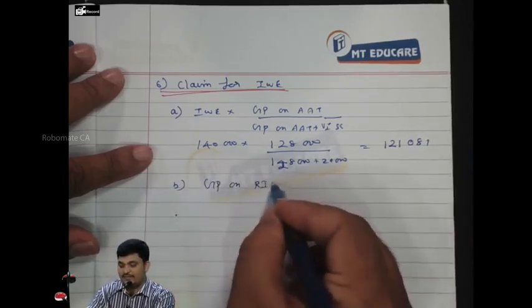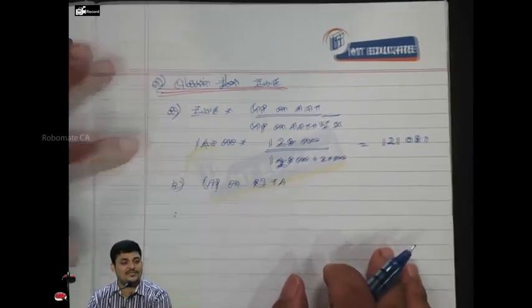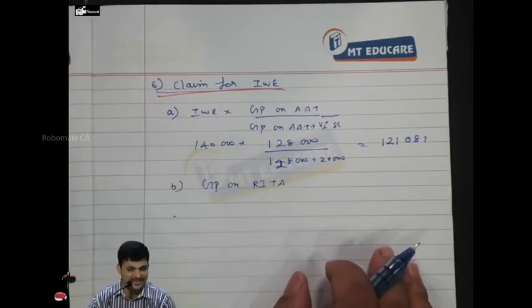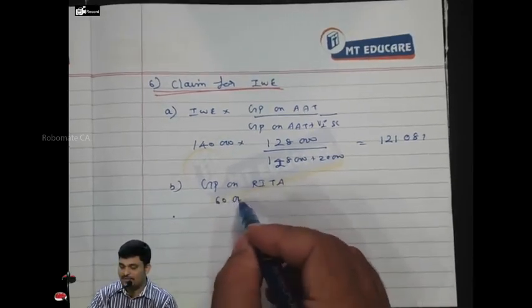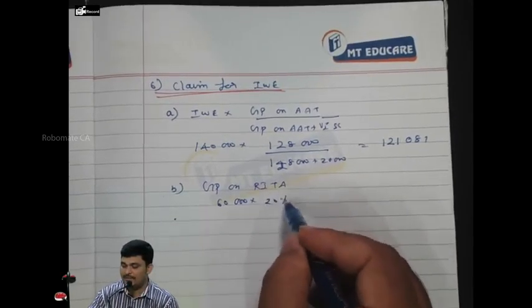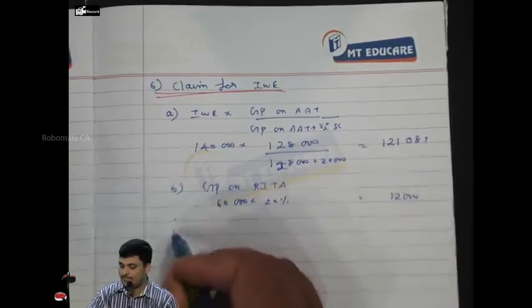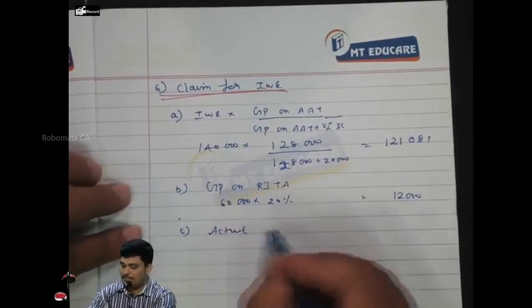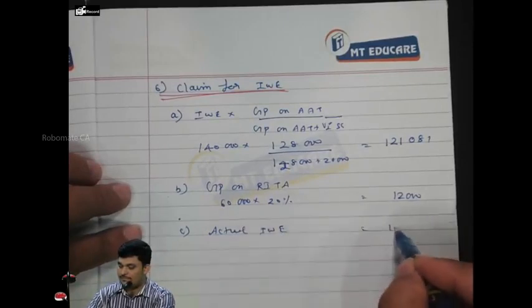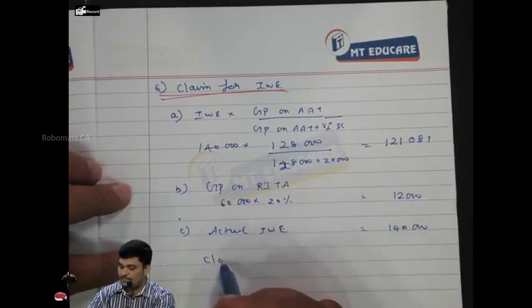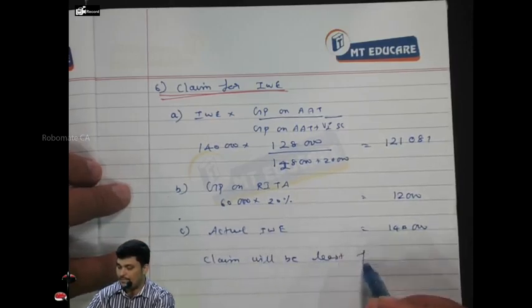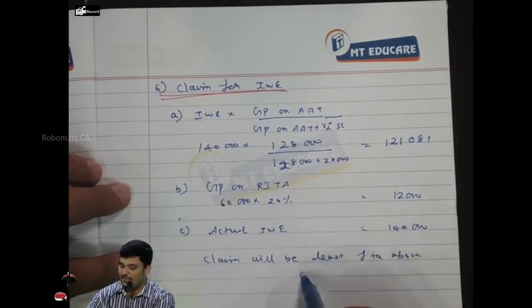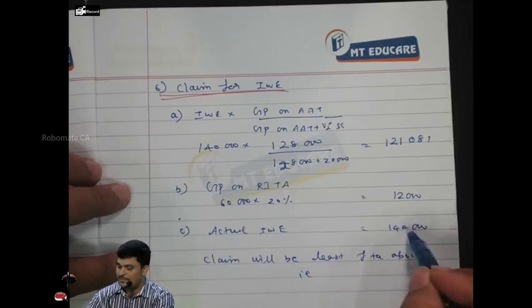GP and Rita, since no information given, we assume the entire sales was possible because of the expenditure. Entire sales will be assumed as Rita, correct? So, 60,000 into 20%. Least of the above, that is 12,000.